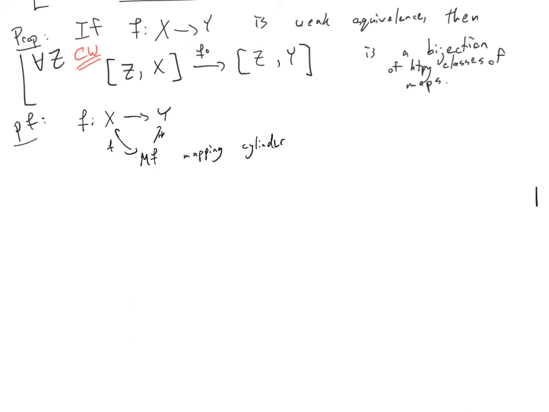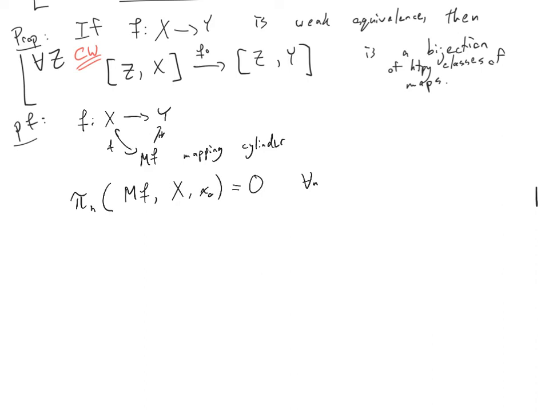So as a result, the relative homotopy groups of Mf relative X, and let's pick a base point in X, are 0 for all n.